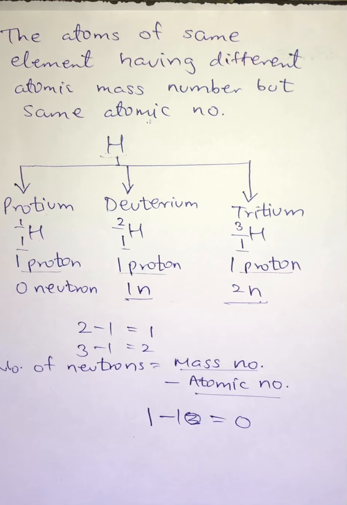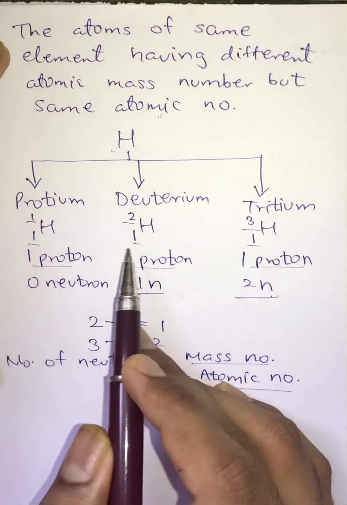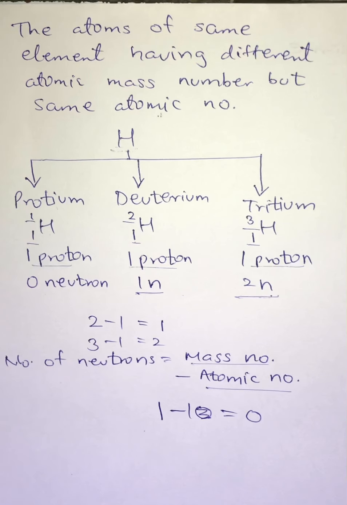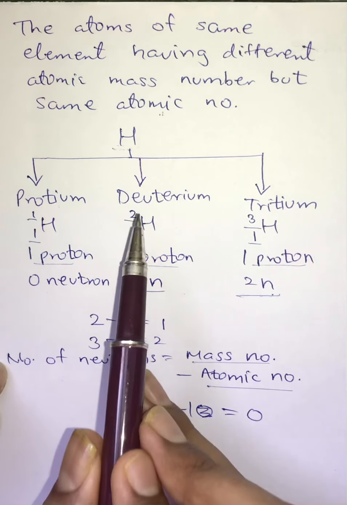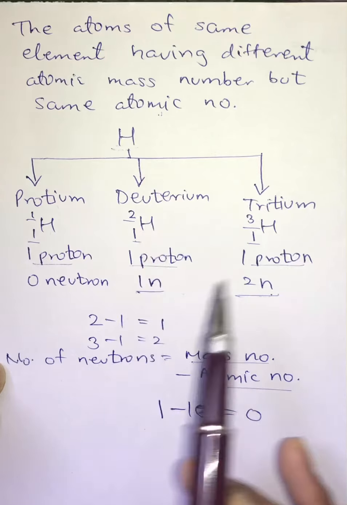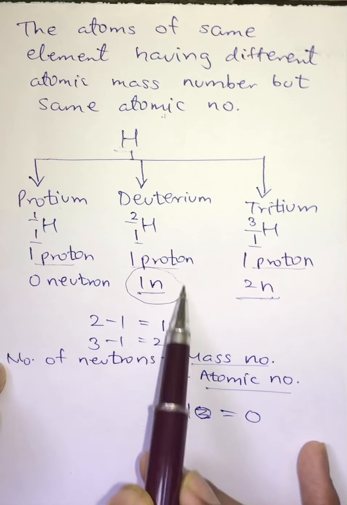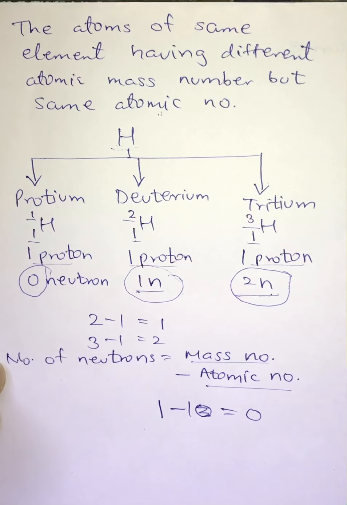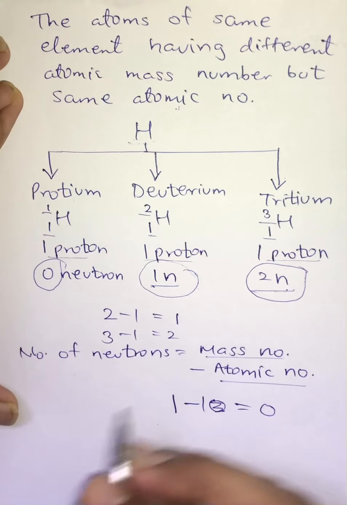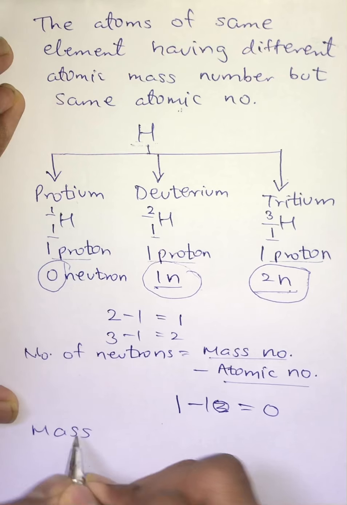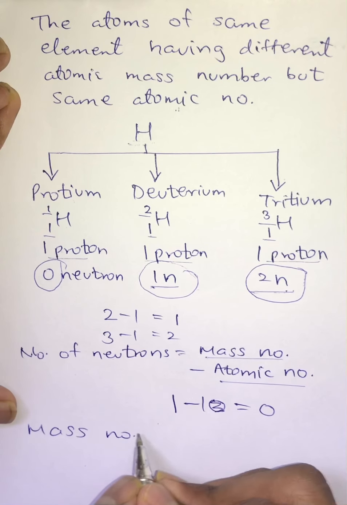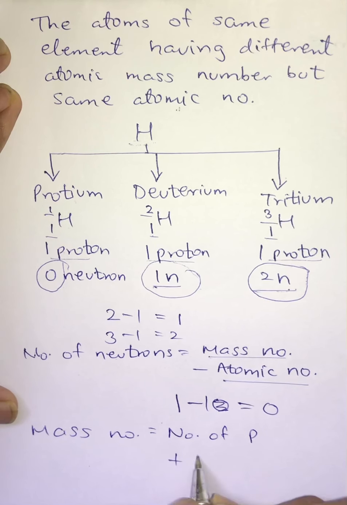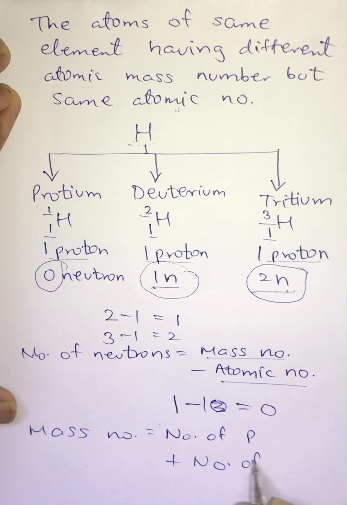So now guys, what we have seen is that the atomic number is same but their atomic mass number is different. Can I comment that their atomic mass number is different because of the difference in number of neutrons? What is the formula for mass number? Mass number is equal to number of protons plus number of neutrons.